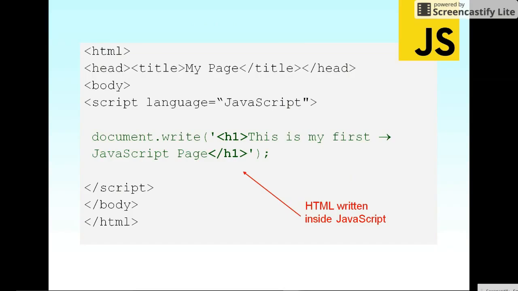Similarly, we can pass HTML code with our HTML tags in JavaScript. This simple script works with the statement document.write. It just prints whatever is enclosed within this code. Here it is printing that heading.